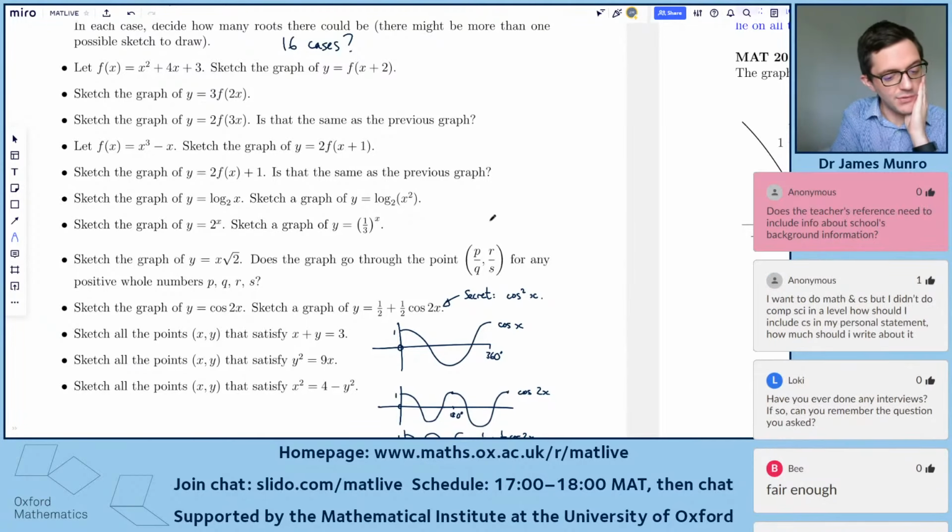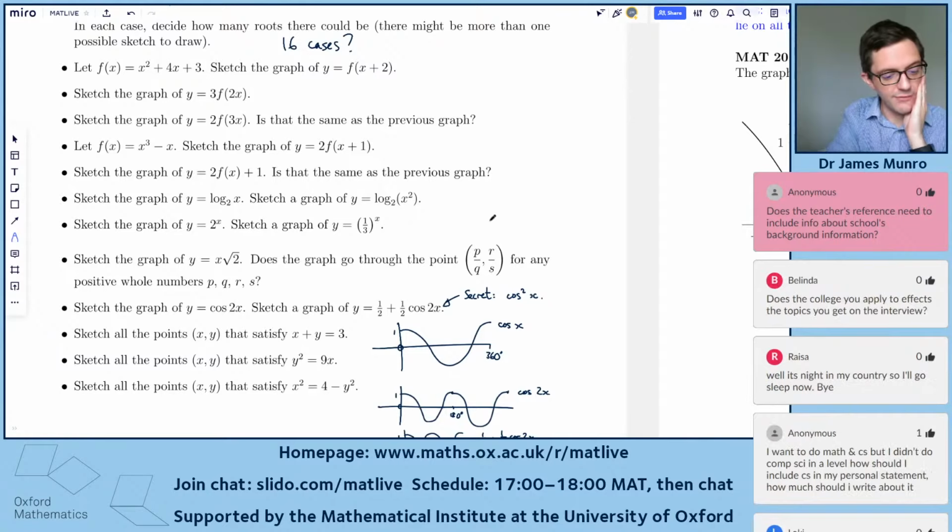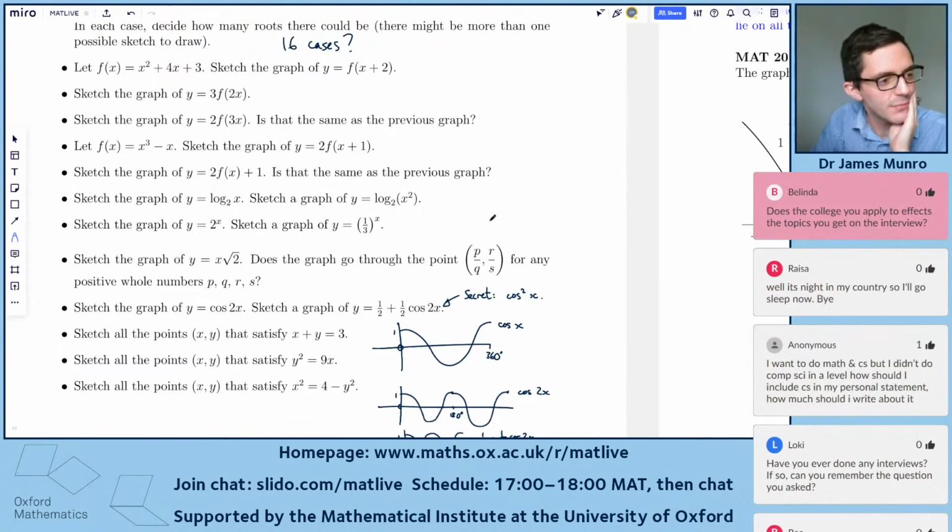Belinda wants to know, does the college you apply to affect the topics you get in the interview? No, we're all going to ask you maths questions if you apply for maths. So in some sense, just no. We ask different questions to each other. We don't all ask the same question. So I suppose you get different questions. So in some sense, yes, we're going to ask different things.